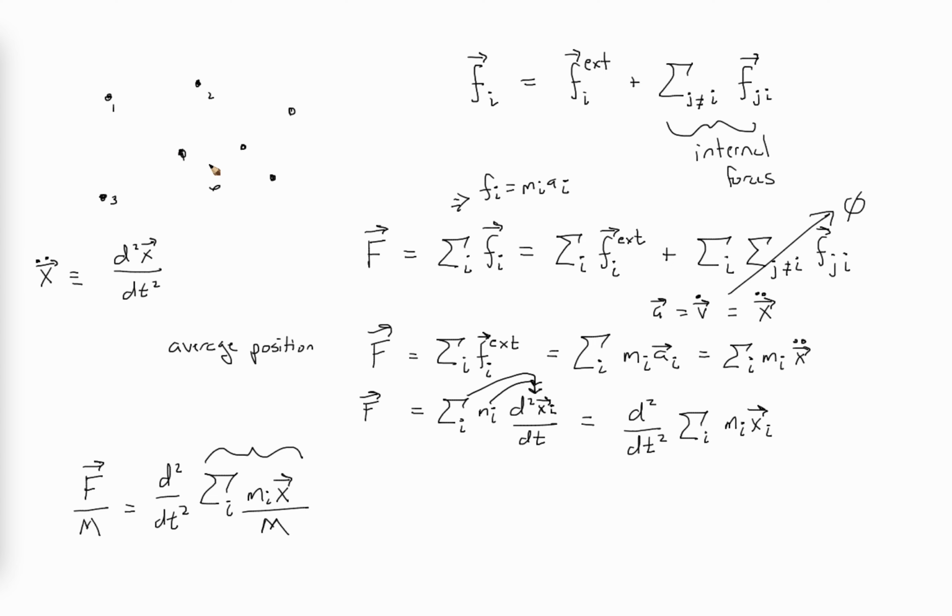Where's the most likely place to find a particle? But it's not quite the average position. It's the average position weighted by mass. Meaning, notice m_i over M, that's just the fraction of the total mass that particle has.